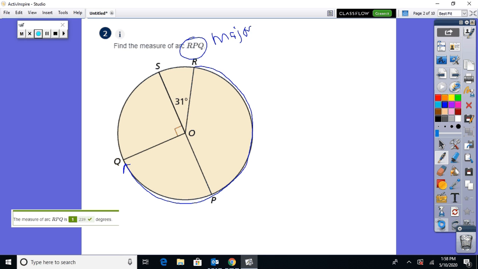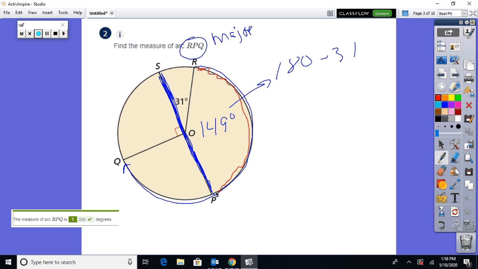So don't go the short way from R to Q, go through P. I have to find out what the arc is from R to P. Since I have a diameter here, that's going to cut the circle in half. So I can just take 180 minus 31, and I get 149. So from R to P is 149.